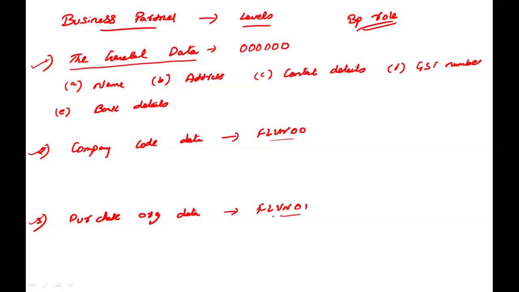Coming to the company code data, the important information we need to remember as of now, because going further we will be introducing new fields, is first the reconciliation account.